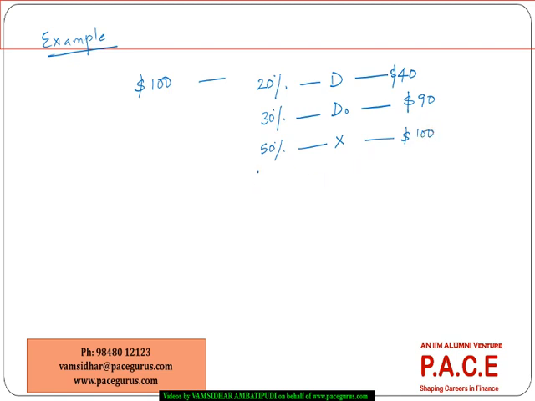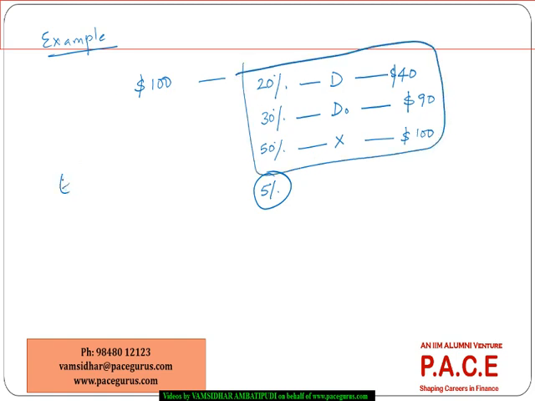Now, let's say using an interest rate of 5%, I need to find the price of the bond. For that, the first thing I need to know is the expected value at the end of 1 year. So I'll use the same probabilities multiplied by the values. 20% of 40 is 8, 30% of 90 is 27, and 50% of 100 is 50.